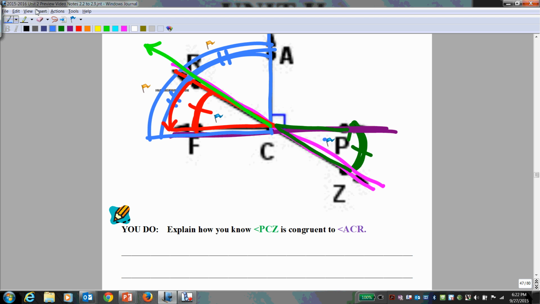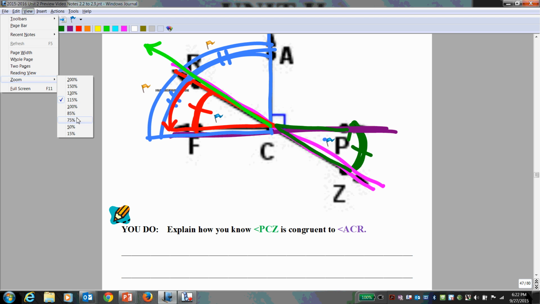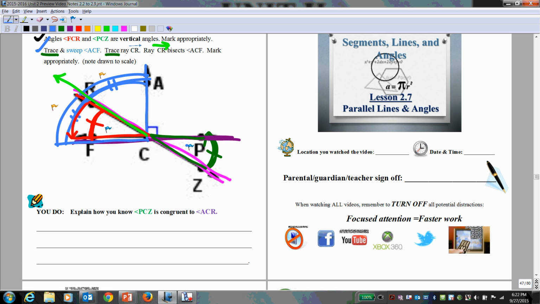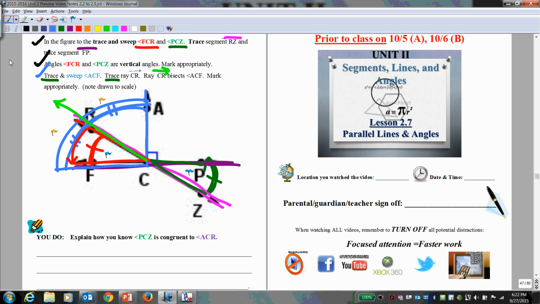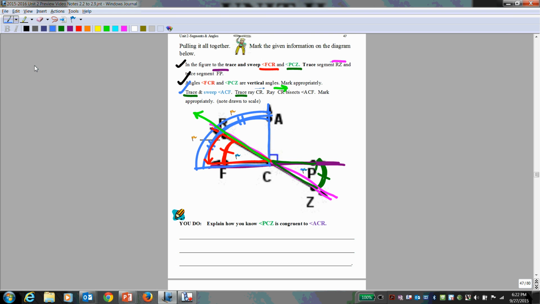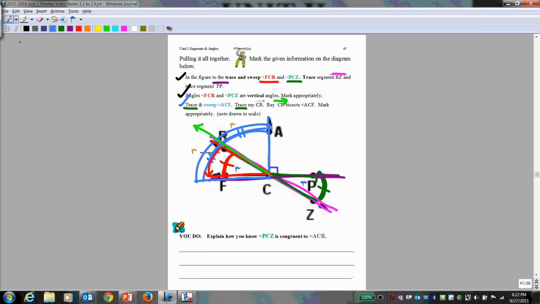I will not fill this out for you. You need to think this through yourself, and I will be checking for this on your preview notes. You need to explain, given this scenario, given these three things are true. Given that this was true, and this was true. So make sure you reference all three of these.